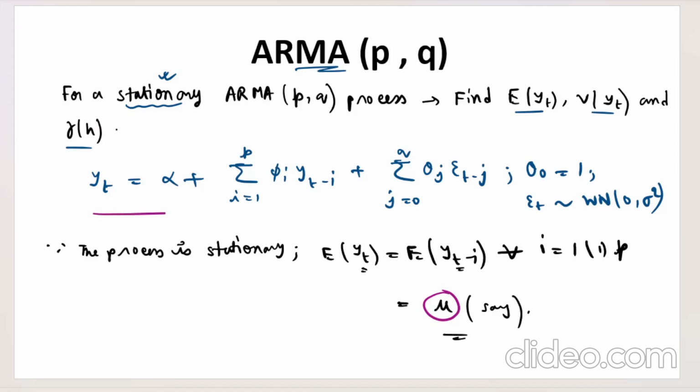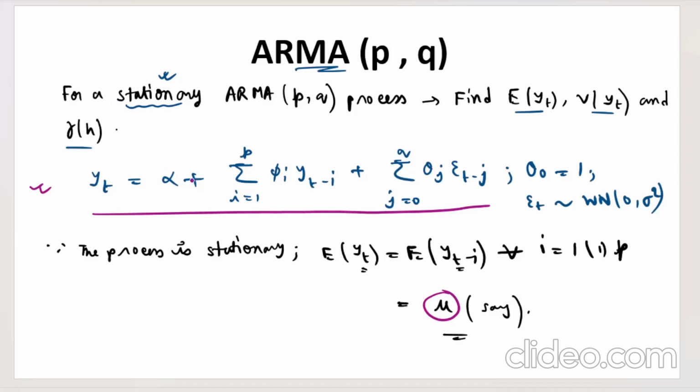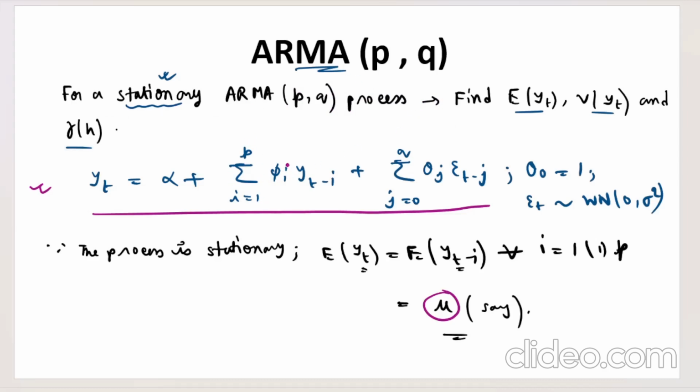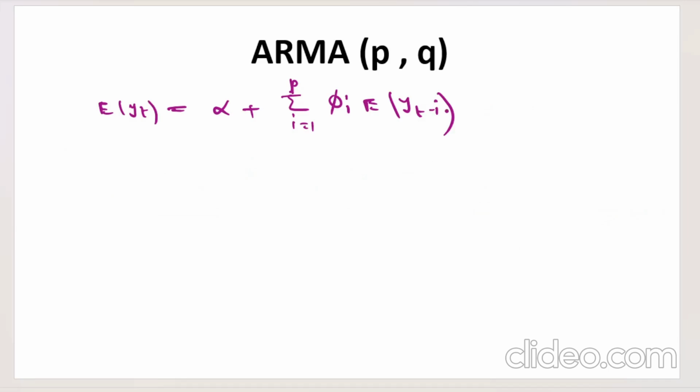So you will take expectation on both sides of the original process. We get expectation of y_t. Here, expectation of alpha is alpha only, so write it as it is, plus summation i from 1 to p phi_i expectation of y_{t-i}, plus summation theta_j expectation of epsilon_{t-j}, which is nothing but 0.